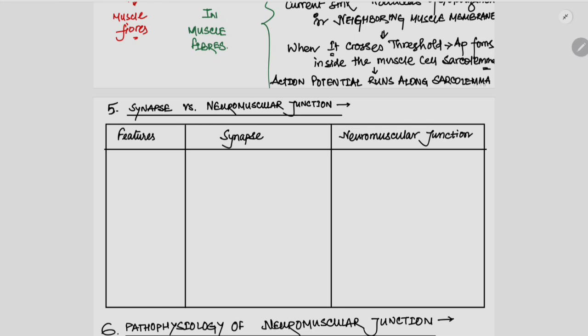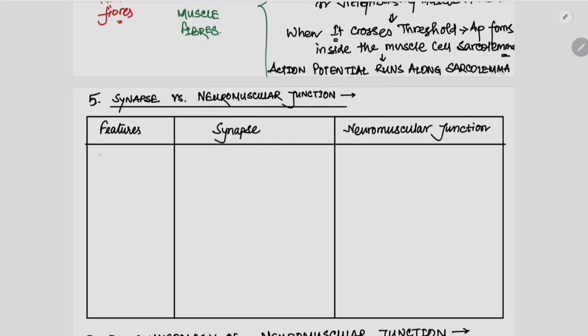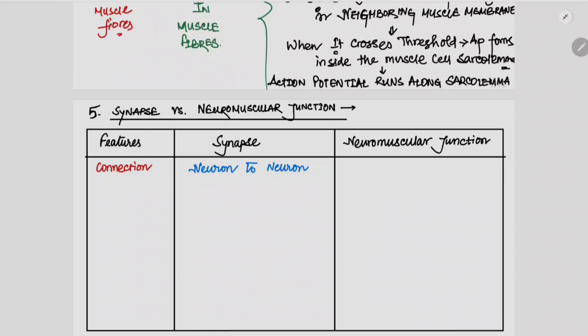Firstly, in features, we talk about the connections: in synapse, it is between neuron and neuron, whereas in neuromuscular junction, it is between neuron and skeletal muscle cell.